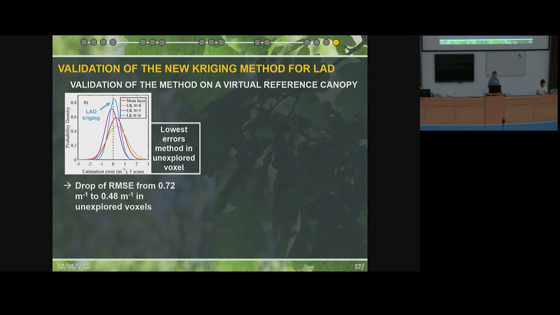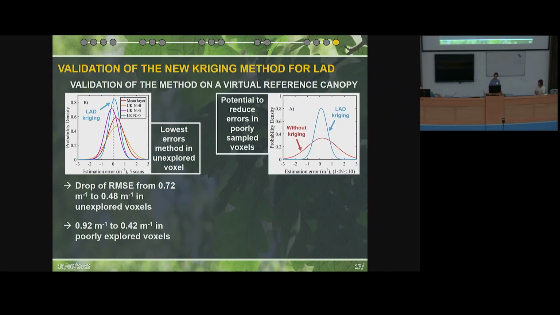First on the simulation scene, here is the probability density of error, and in blue you can see that when using this method, there is a significant drop of error, and that's confirmed on the field, really reducing error in unexplored voxels. And the advantage of this method is that it can also correct the poorly explored voxels, meaning that neighboring voxels help to do the estimation of the one with few beams.